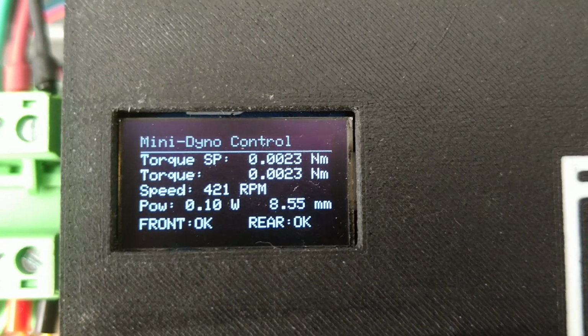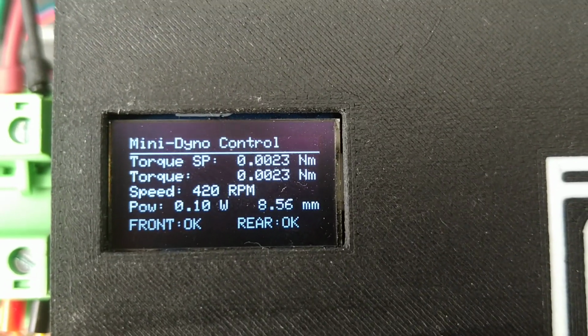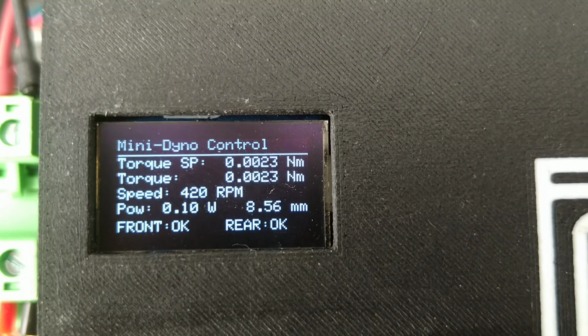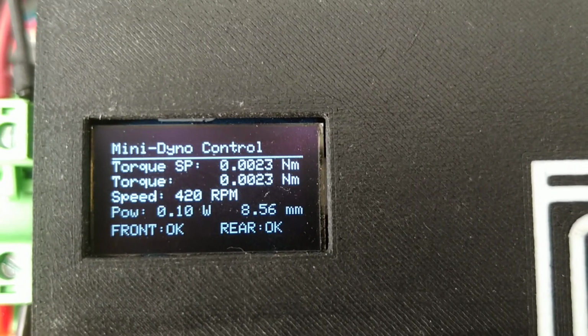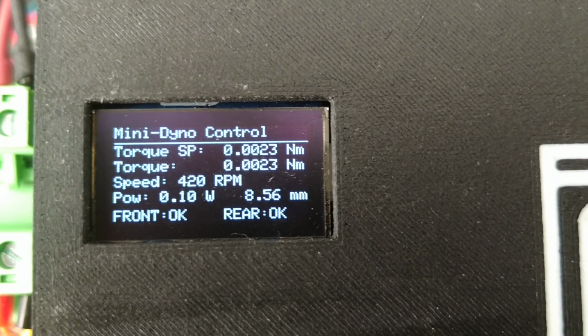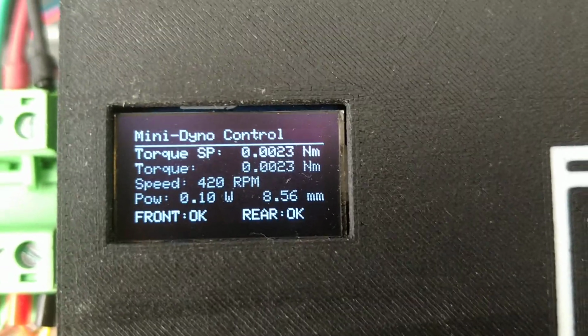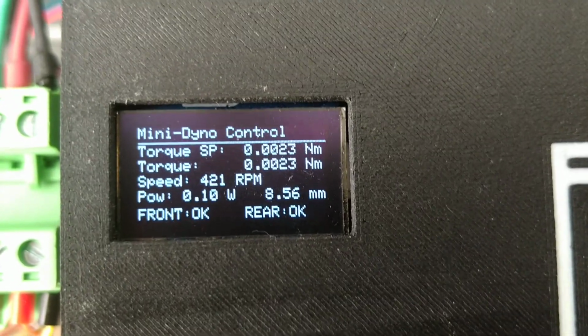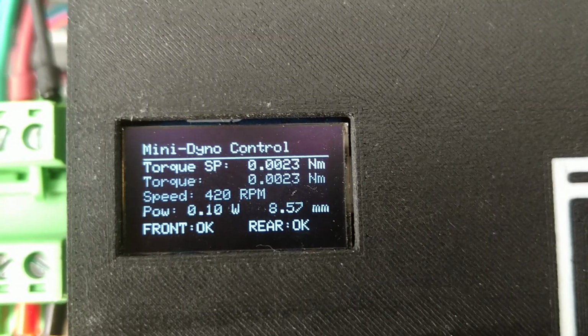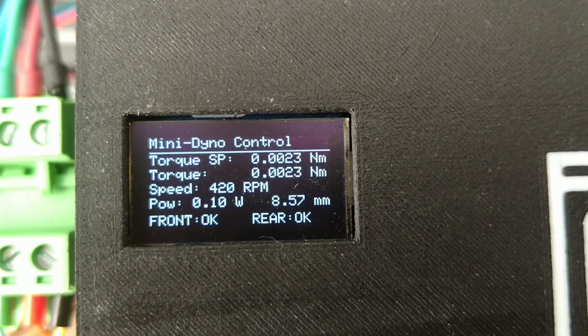So actually electromagnetic braking at this distance is very small, but still the algorithm and the measurement system have sufficient capacity to provide stable maintenance of the set point.